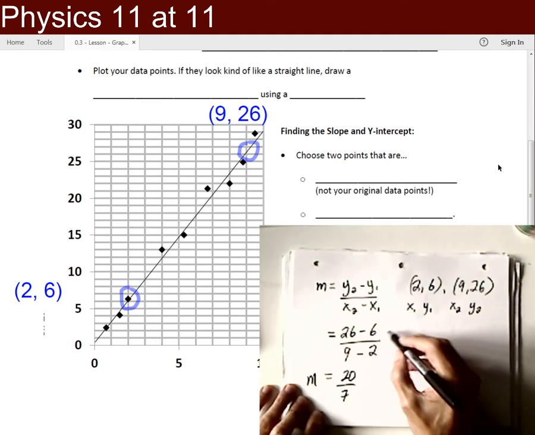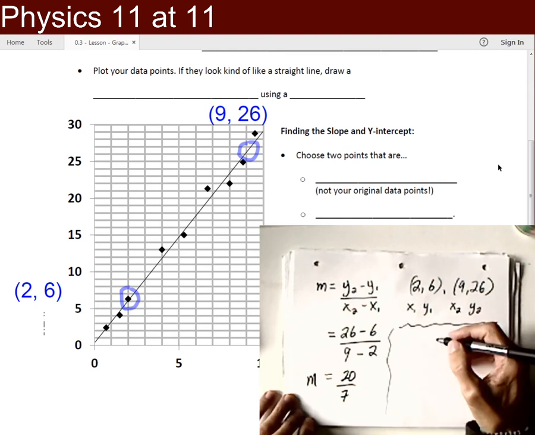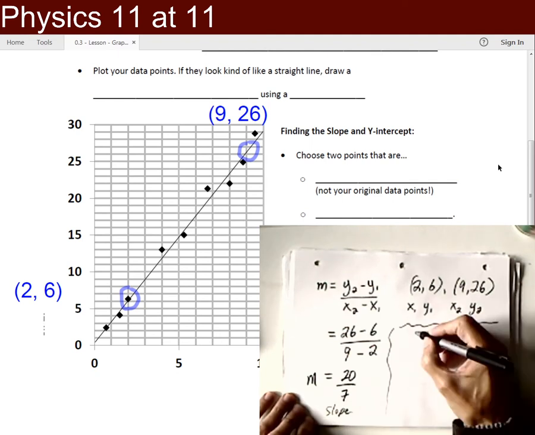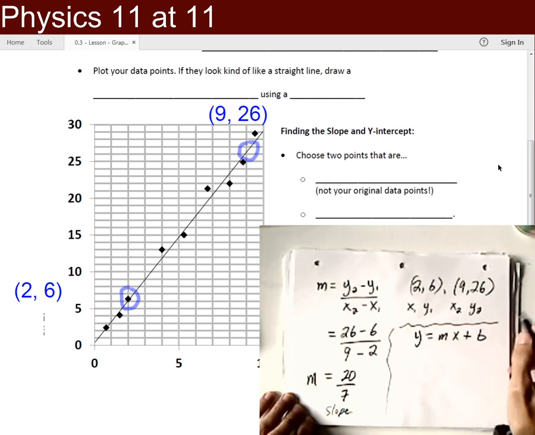Now, what we found is the slope of a line, which allows us to put the value for the slope in for m, since this is the general equation, or a form of a line, y-intercept actually.